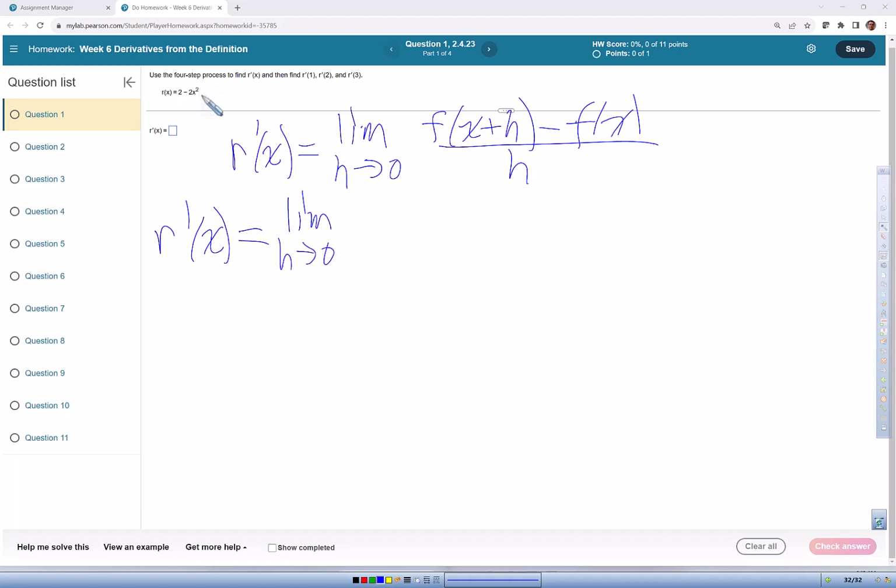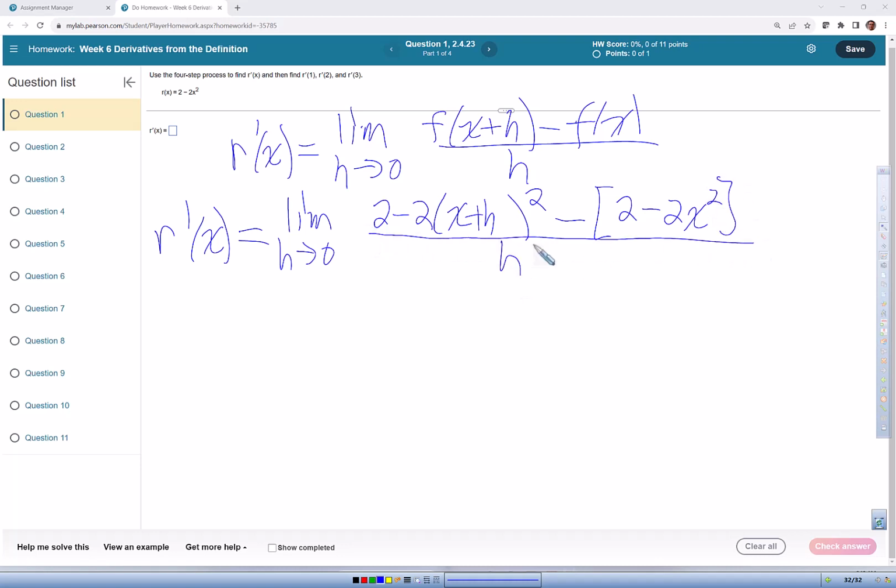So my function is 2 minus 2, and then instead of x, we're going to have x plus h. So x plus h, and then that's squared. Then minus, and since I've got some addition and subtraction in my function, I'm going to put in a bracket as a grouping symbol. So 2 minus 2x squared. And all of that is divided by h.